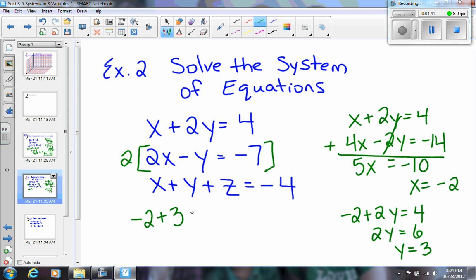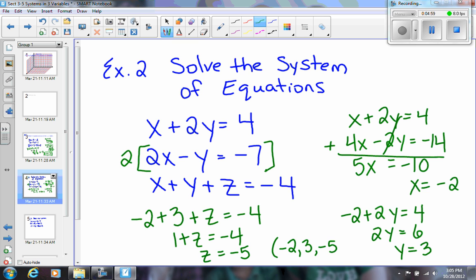Y is 3 plus z equals negative 4. So we get 1 plus z equals negative 4, or z equals negative 5. So my ordered triple is negative 2, comma 3, comma negative 5. So if I were to take a look at this system of equations, they're going to cross at the point -2, 3, -5.